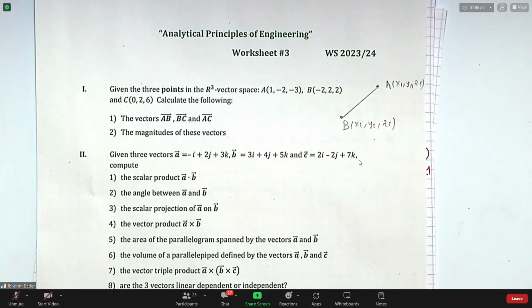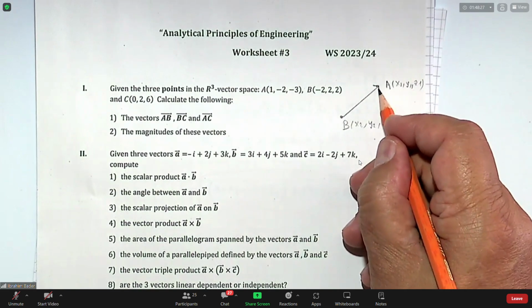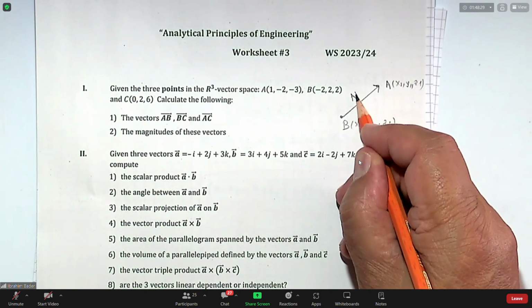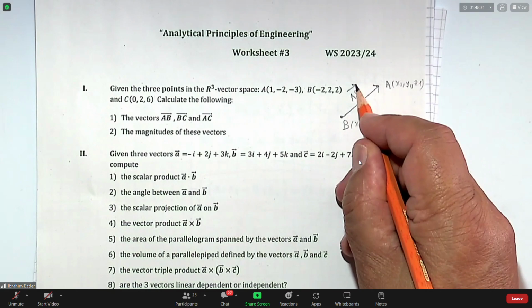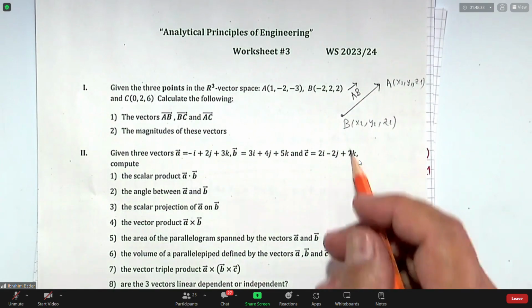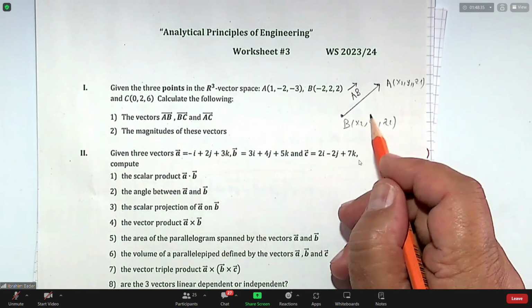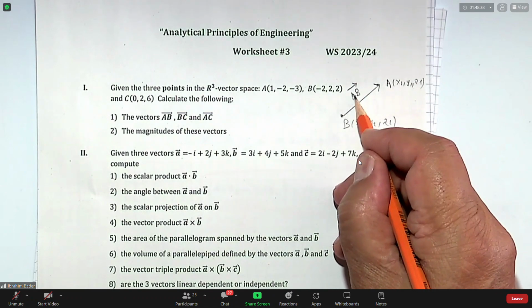Now, if I construct the vector connecting both, this is PA.